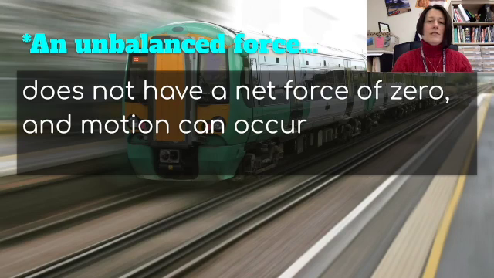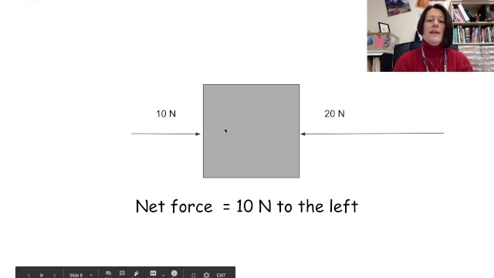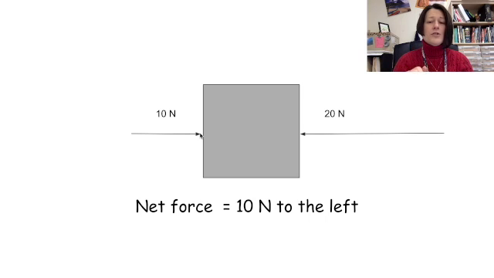Now forces can also be unbalanced. An unbalanced force does not have a net force of zero, and motion can occur. So we have a very similar situation to the previous picture. And these pictures, you should be drawing these. I left enough space, and I think there's a box in your notes to draw these pictures.